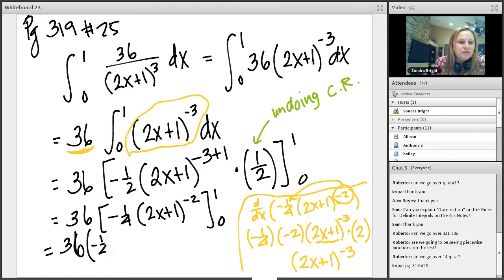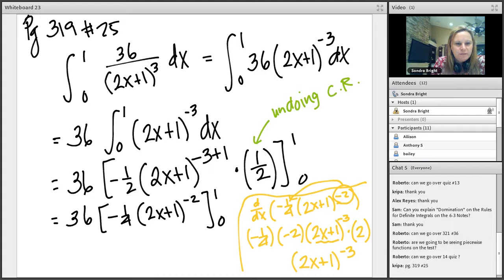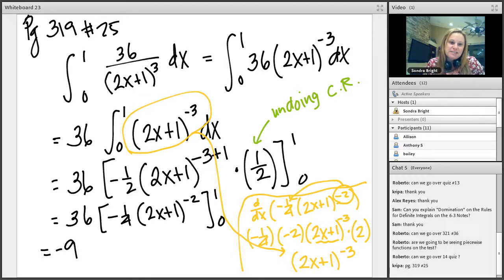Actually, that's a constant, so let's divide that 36 by negative 4. Oops, shoot. All right, this guy matched that guy. So now you can definitely pull that constant out. 36 divided by negative 4 is negative 9.